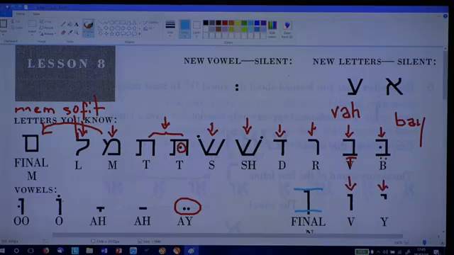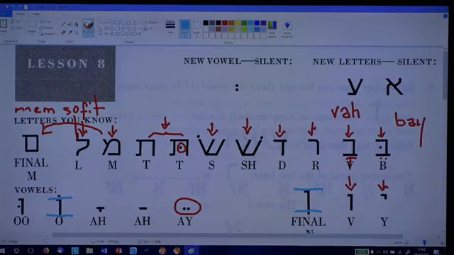The consonant vav becomes a vowel. It's called a vowel consonant. If you draw the vav, let's put some lines here so we can see what it looks like on a lined page. Draw the vav in the line, and the dot is at the top.